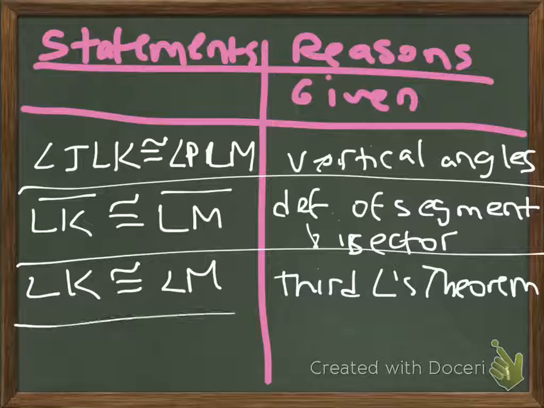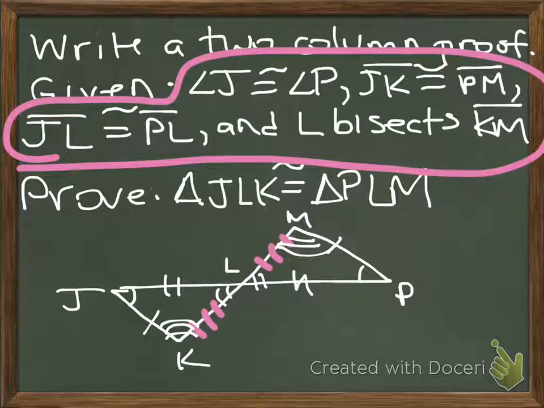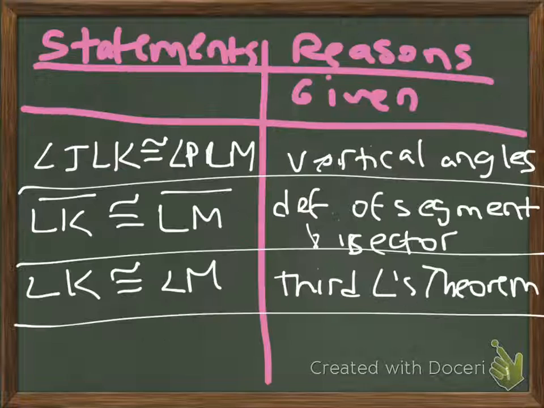So now we pretty much have all of the angles and sides corresponding with each other, and all corresponding parts are congruent. So we actually labeled this, and if you remember, this was a while ago, we talked about this, CPCTC, which means corresponding parts of congruent triangles are congruent.